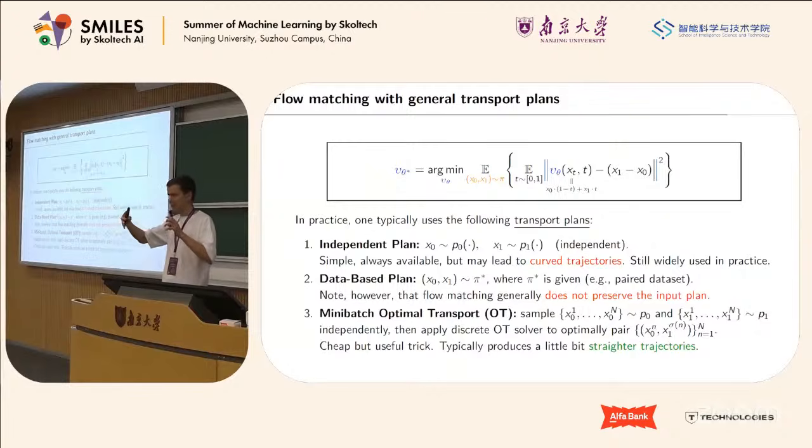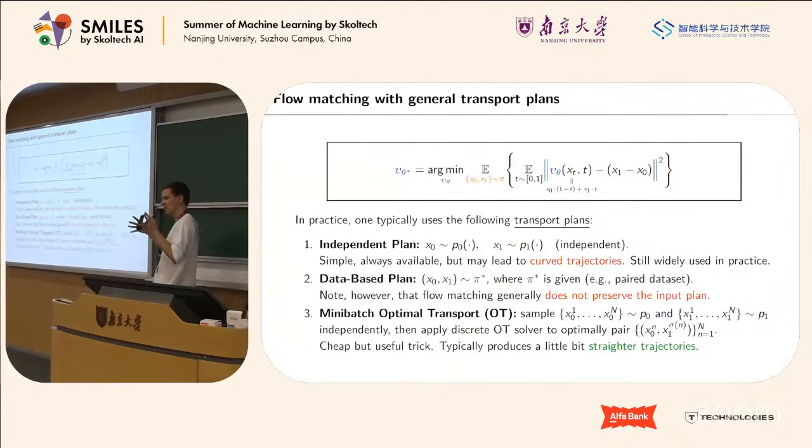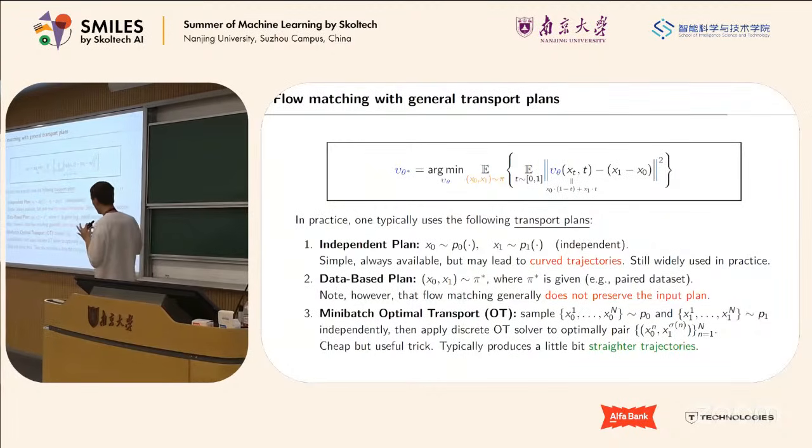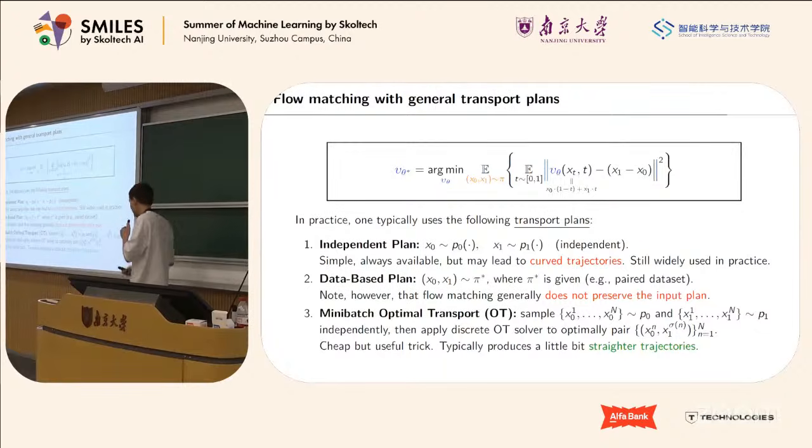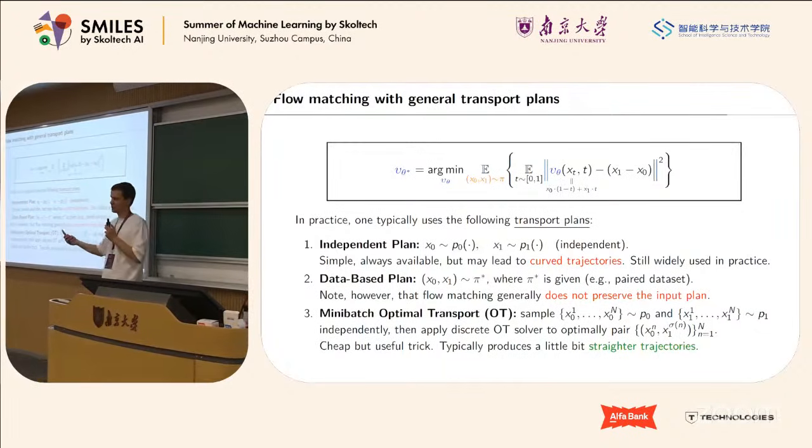And between these two batches, you solve the so-called discrete optimal transport problem. Roughly speaking, it tries to find some optimal assignment between two batches, so that each point in one batch will be as close as possible to the point in another batch on average. And this is in practice done by some so-called discrete optimal transport solvers.